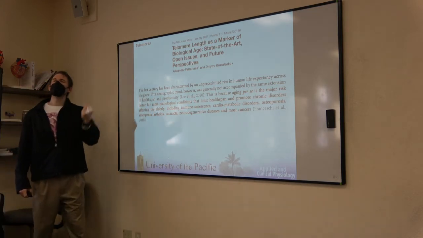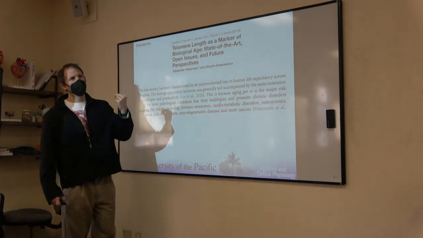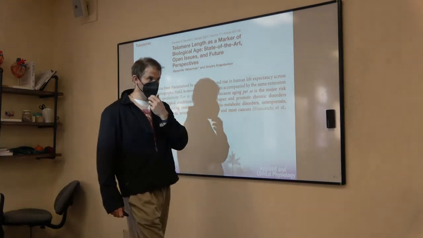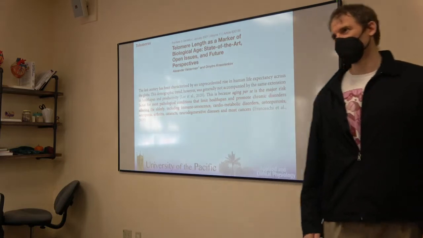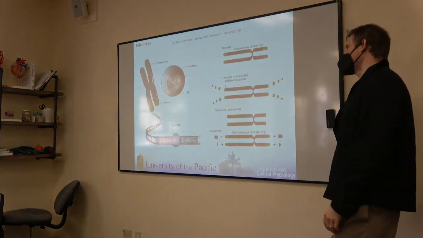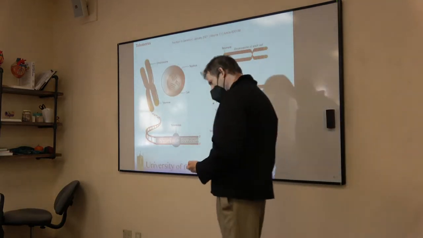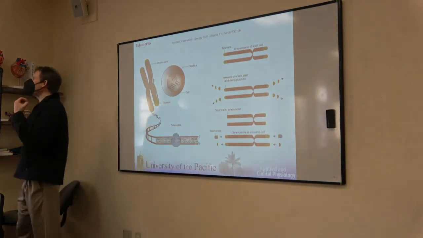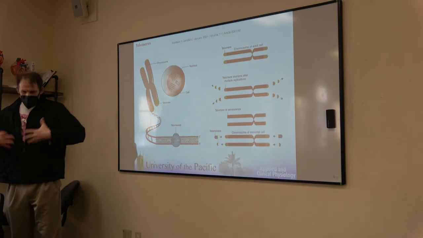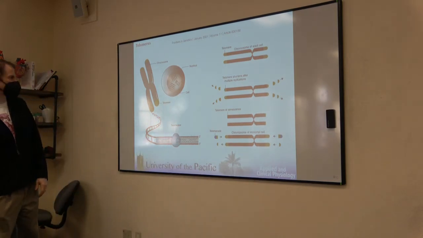No matter what ails you, no matter what condition you're worried about, aging is a huge risk factor for these things. And so what is it about aging that puts us at so much risk? What is it within aging that bestows all of this risk on us, this stuff we don't want?